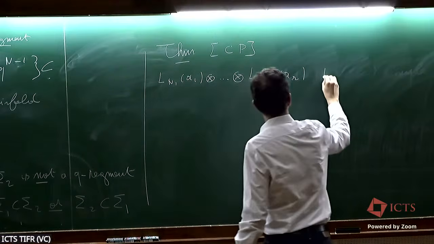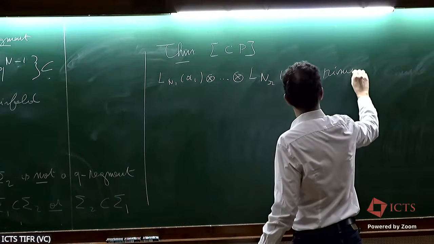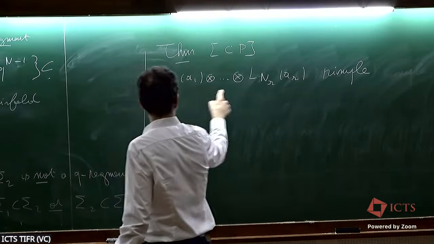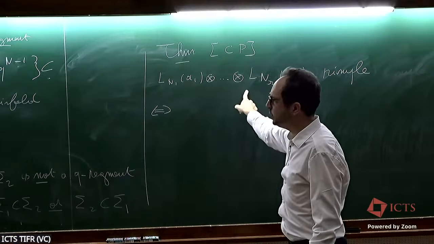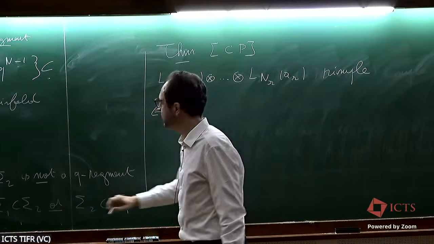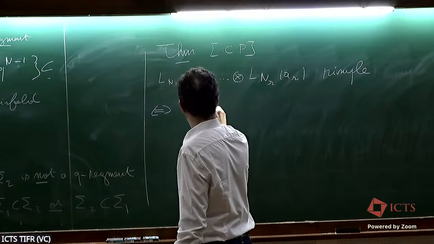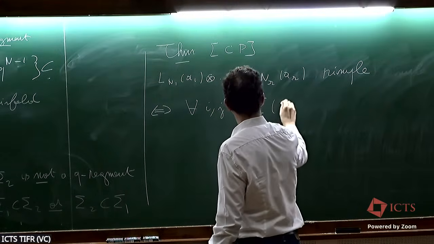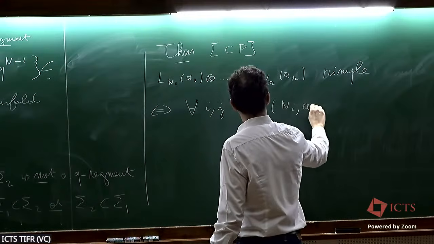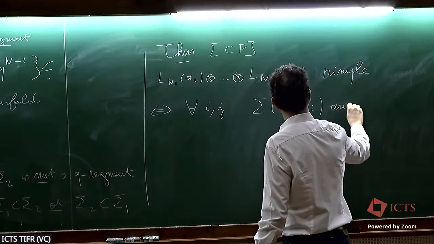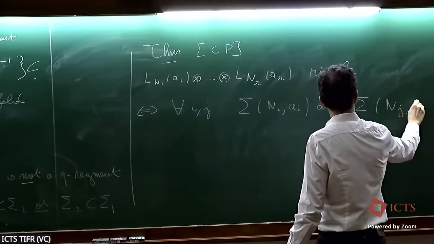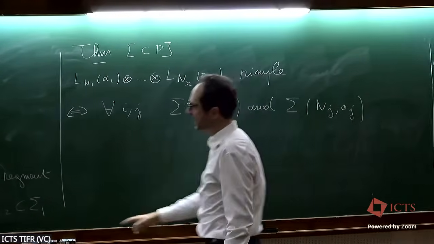Then it is simple if and only if, two by two, the q-segments are in general position. So for all i and j, sigma_i and sigma_j satisfy this condition.